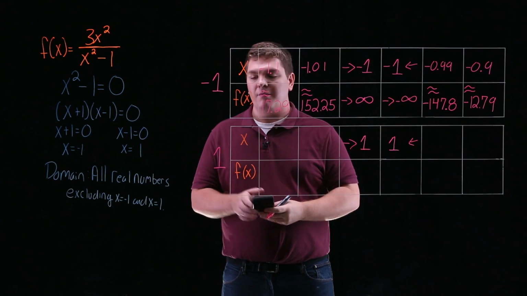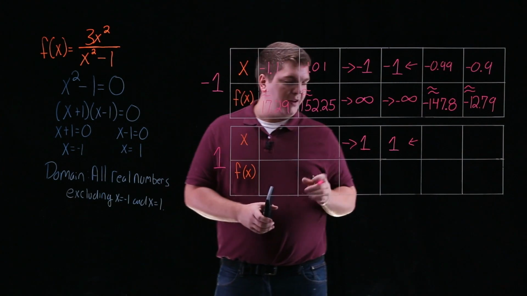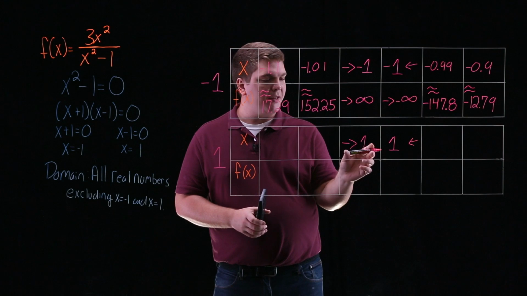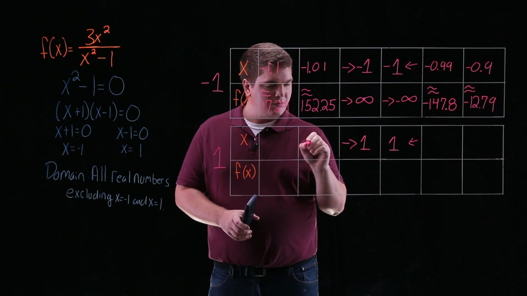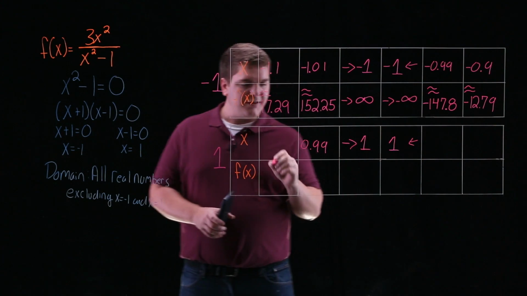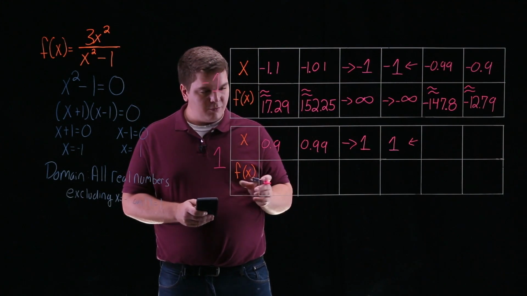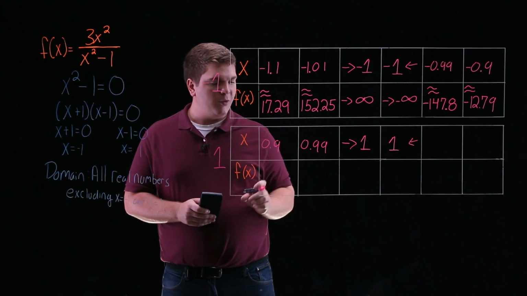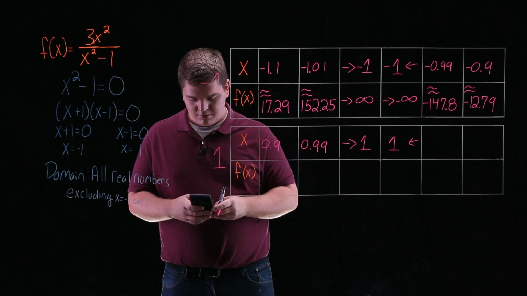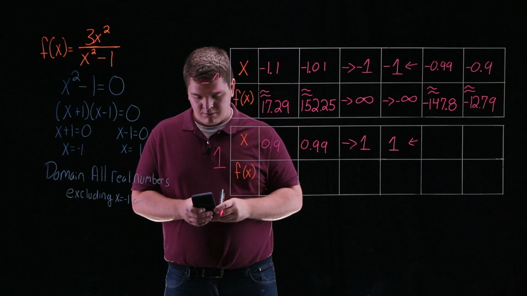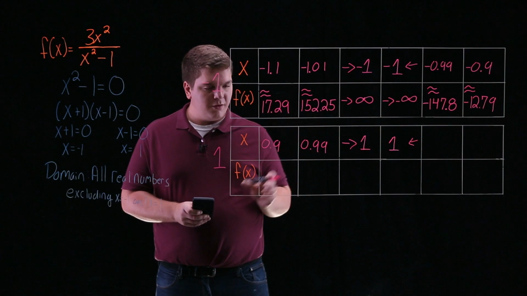Now we're going to do the same thing, except this time we're looking at what happens as x approaches 1. Looking at approaching 1 from the left, we'll want to think about numbers just a little bit smaller than 1, say 0.99 and 0.9. Let's evaluate our function at 0.9 first.